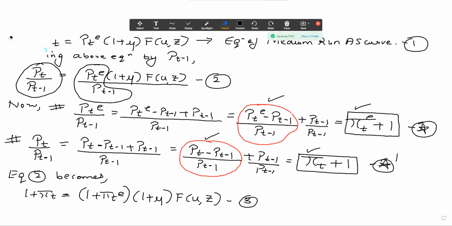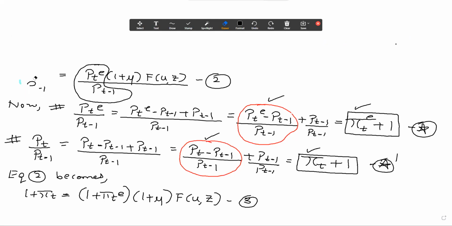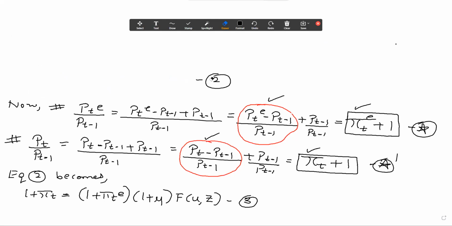So erasing the initial part. Let's erase this part. Okay, let's continue now. So I can write therefore 1 plus pi t upon 1 plus pi te into 1 plus mu is equal to F as a function of u and z.